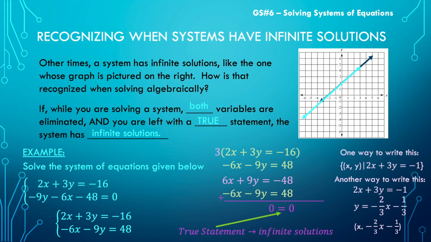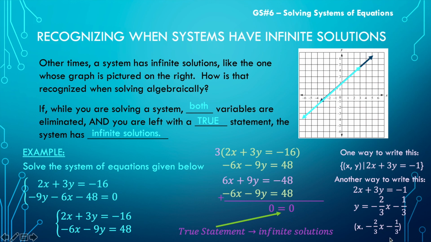Another way to write it would be to solve for your y variable, isolate your y. We would do that by subtracting the 2x and then dividing out the 3. When we have y isolated, we can write our solution as the ordered pair x, y, where the y is the expression that we solved for.